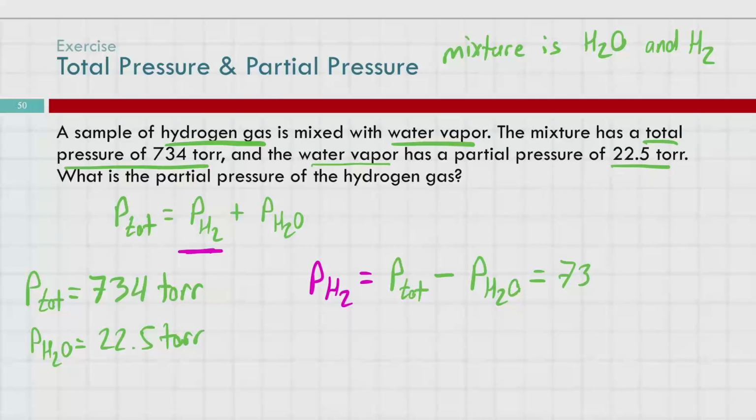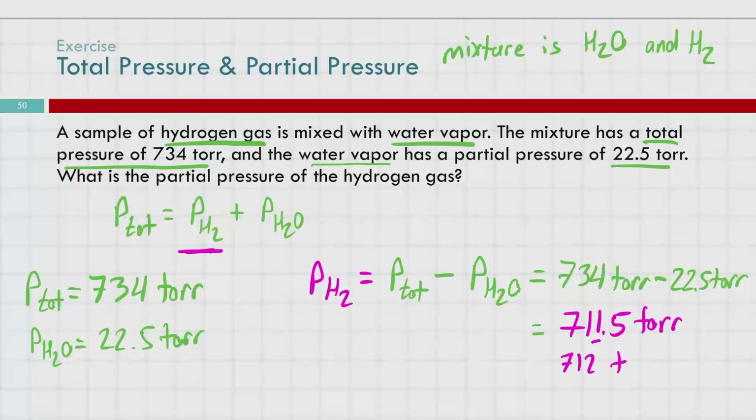So 734 torr minus 22.5 torr. And we'll get a value of 711.5 torr, and then we get to round that to the ones place, so 712 torr.